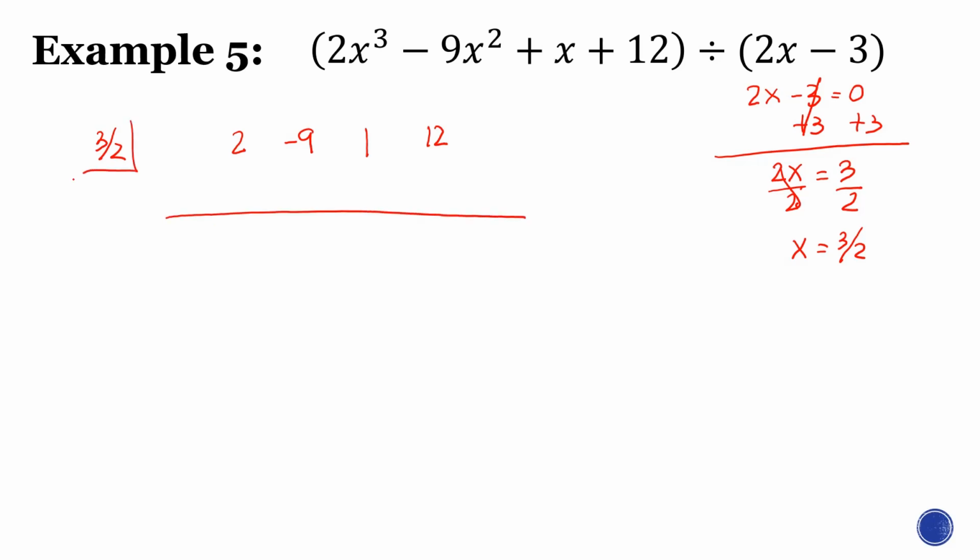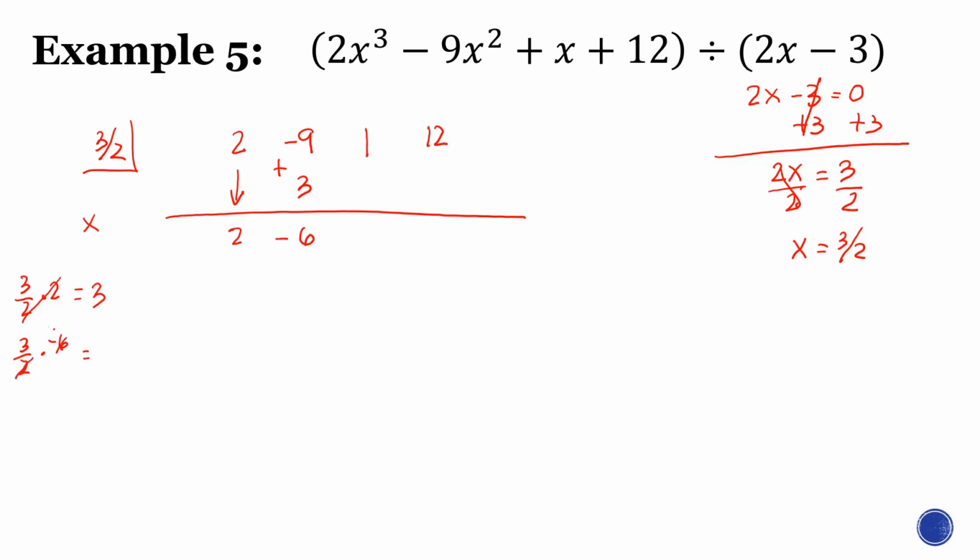So I will put that here. And then I will bring down this 2. That's 2. After that, we will multiply that to 1, so 3 over 2. So 3 over 2 times 2 is equal to positive 3. Add that to negative 9, which is equal to negative 6. Again, multiply 3 over 2 times negative 6.